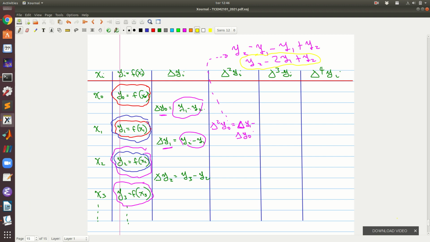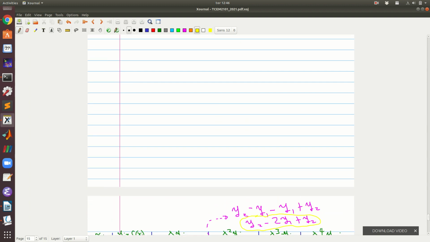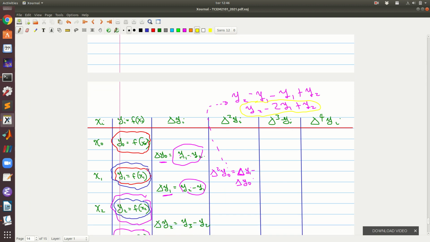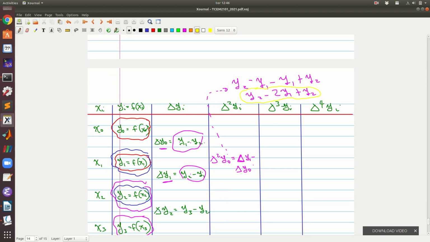Did I say y2? No, something is not right here. This is not y2.